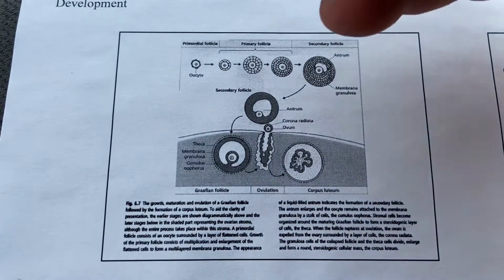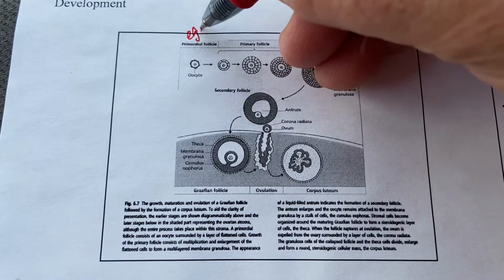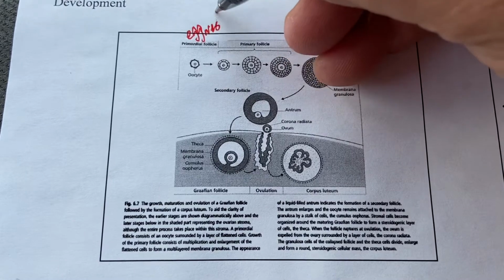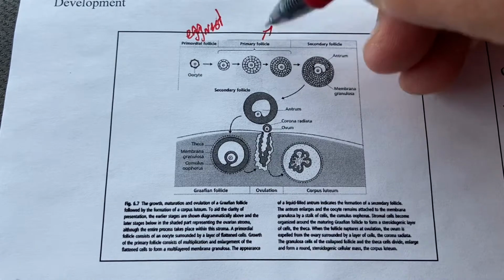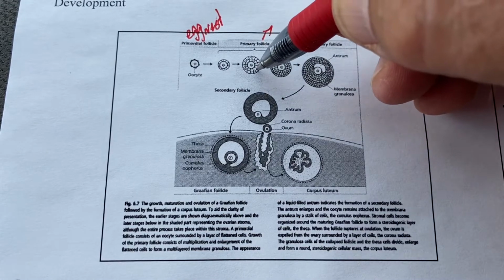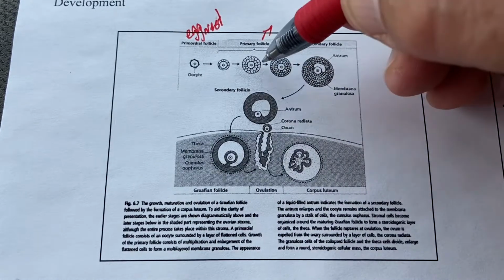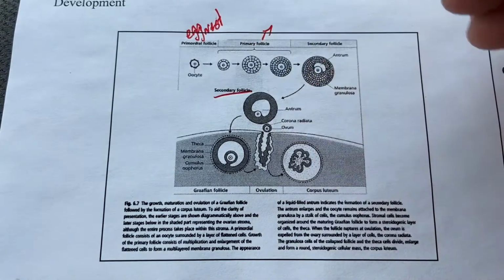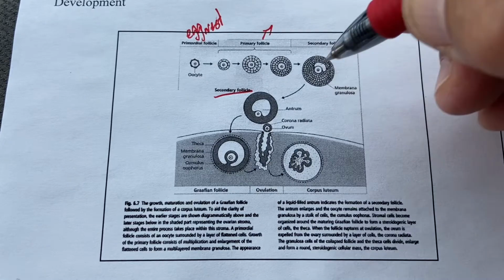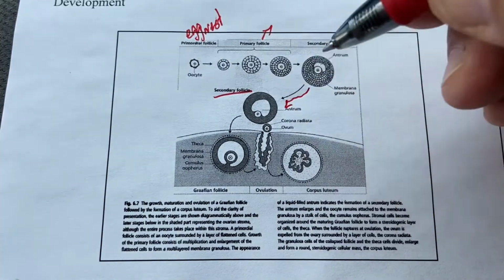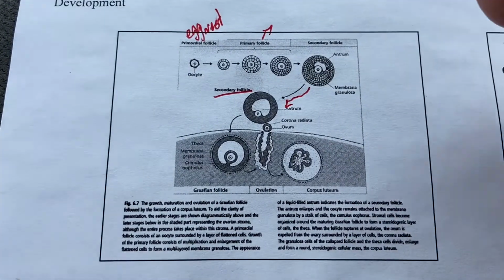Now your final little egg nest right up here, your primordial follicles. We get released, we have our primary follicles. We come back in with that secondary layer right there of granulosa cells. For secondary, we end up with our antrum formation here that kicks us into our tertiary, or our final form.